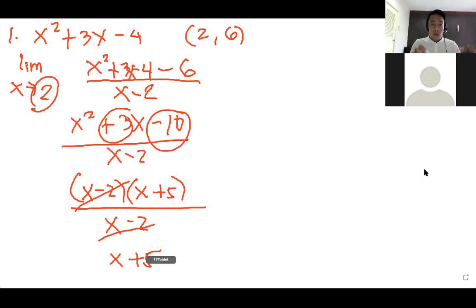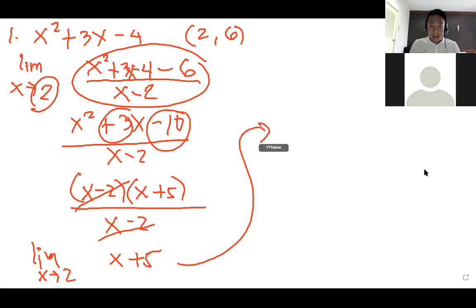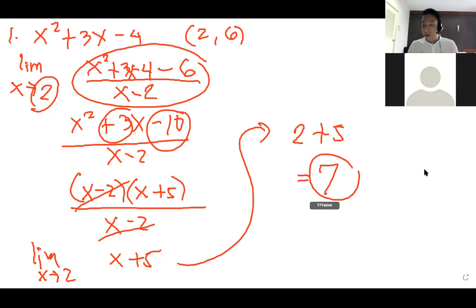Since we already found the simplest form, we can now use the substitution property. I will change x to 2, then plus 5. So we have the slope of the tangent line, which is 7.